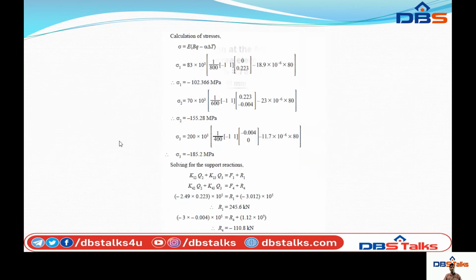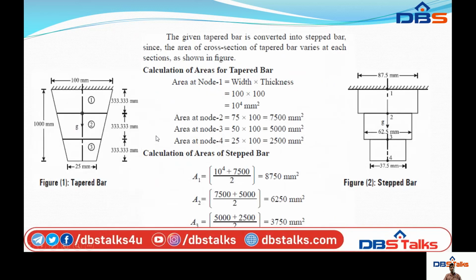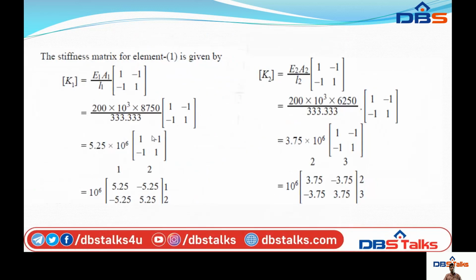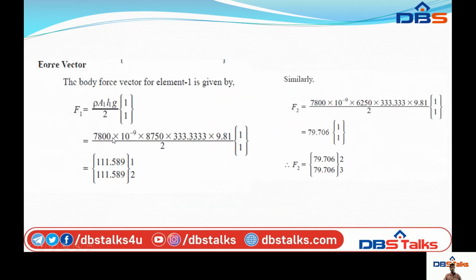Okay, they gave the mass density in kg per meter cube, so I'm converting 7800 into 10 power minus 9, into area 8750, into length 333.3333, acceleration due to gravity 9.81, and then divided by 2.